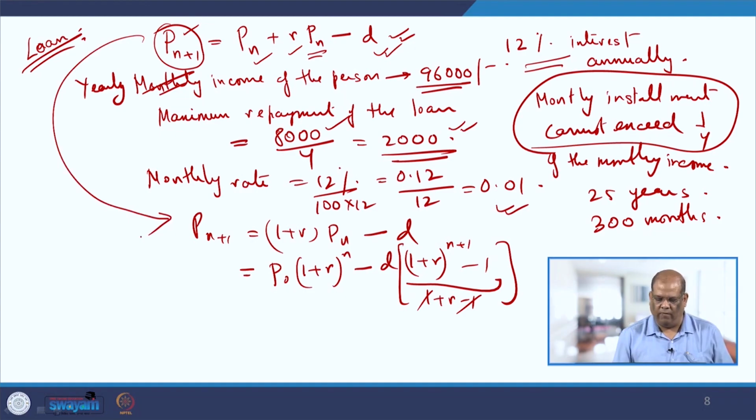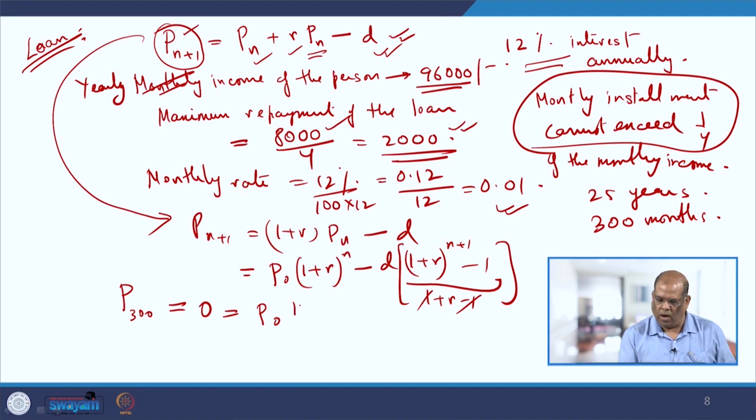You substitute everything here and you say that in 300 months my loan amount will be 0. So, you put this equal to 0, and you calculate your initial amount. So, what will be your P0?